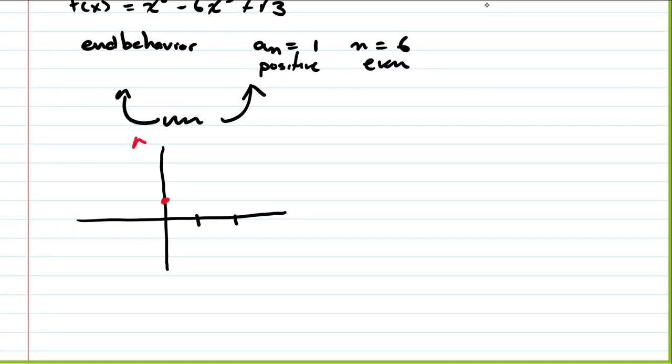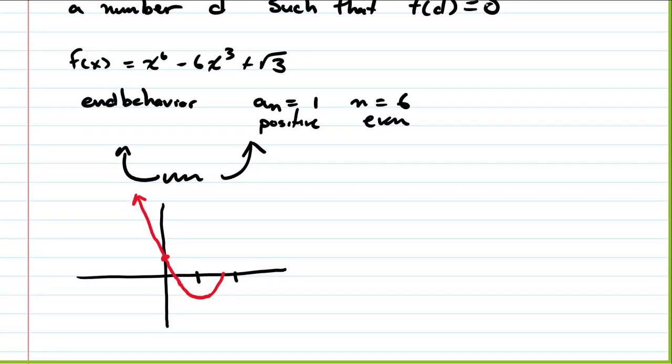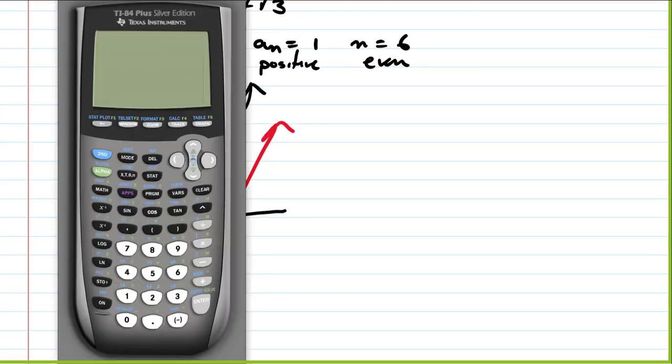So our graph starts up, comes down, between 0 and 1 it's going to turn around. And then between 1 and 2, it goes back up, and it's going to do something like this. We don't know what's going to happen. It might wiggle in here, do something like this, and then take back off up. All right, well, let's graph that on our calculator and see what we get.